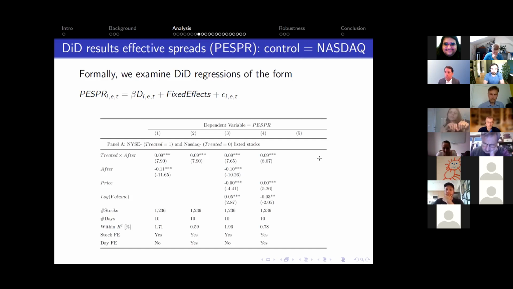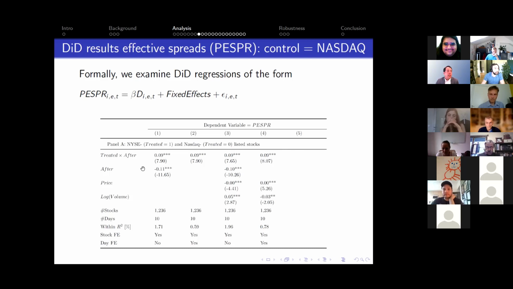And the unconditional mean in our sample is something like 18. It's a little higher than normal because, if you remember, as the pandemic was happening, people got stressed out and liquidity got worse, right? But you see a pretty big change.